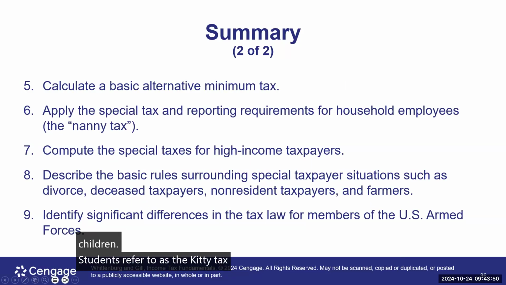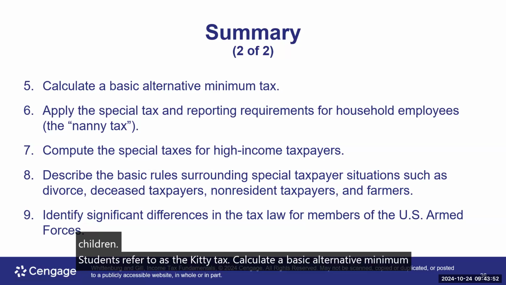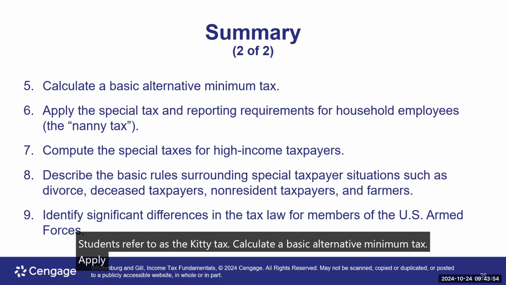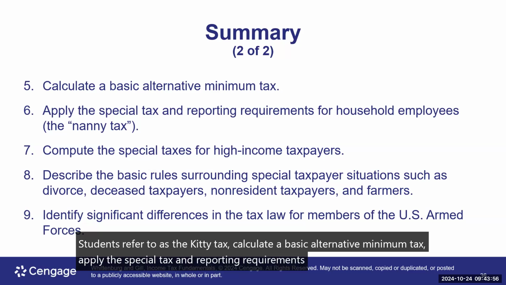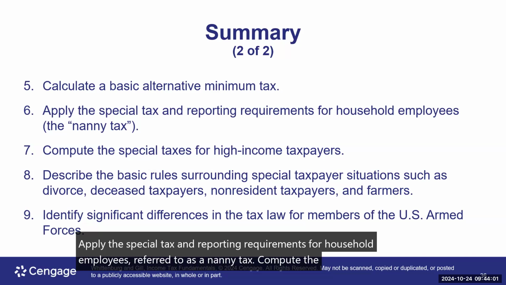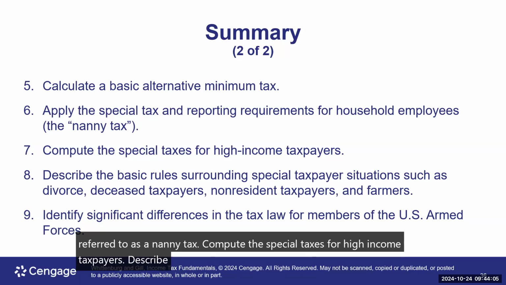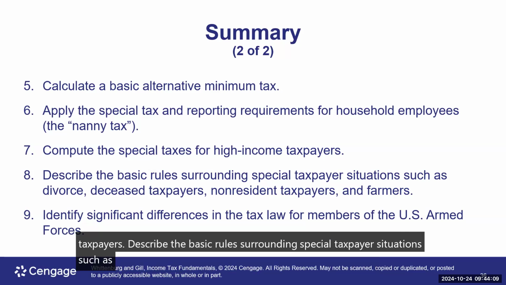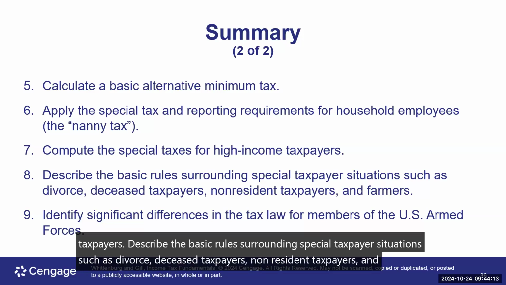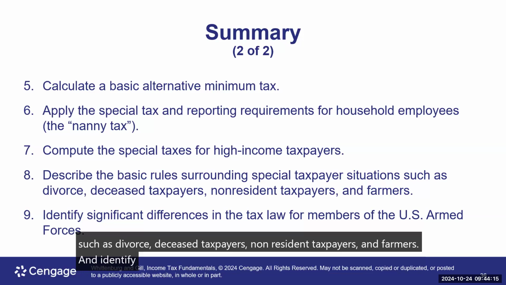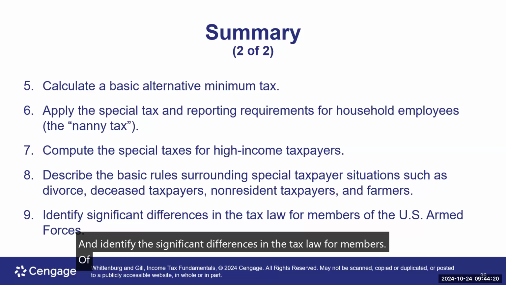Calculate a basic alternative minimum tax, apply the special tax and reporting requirements for household employees, referred to as the Nanny tax, compute the special taxes for high-income taxpayers, describe the basic rules surrounding special taxpayer situations such as divorce, deceased taxpayers, non-resident taxpayers, and farmers, and identify the significant differences in the tax law for members of the U.S. Armed Forces.